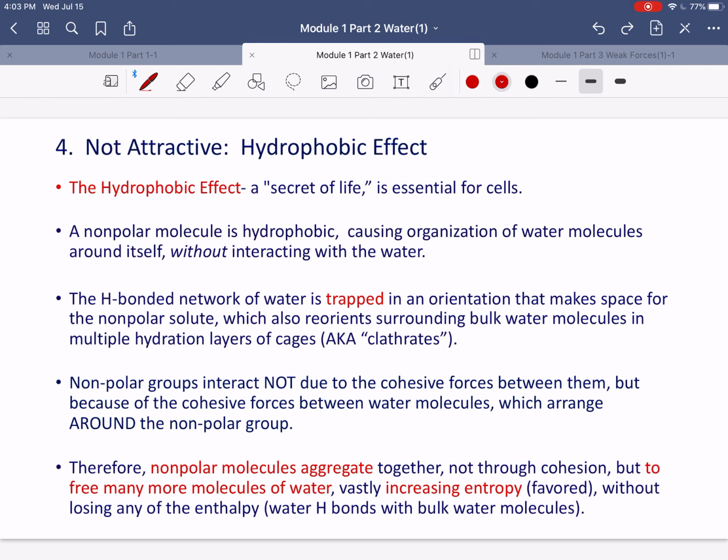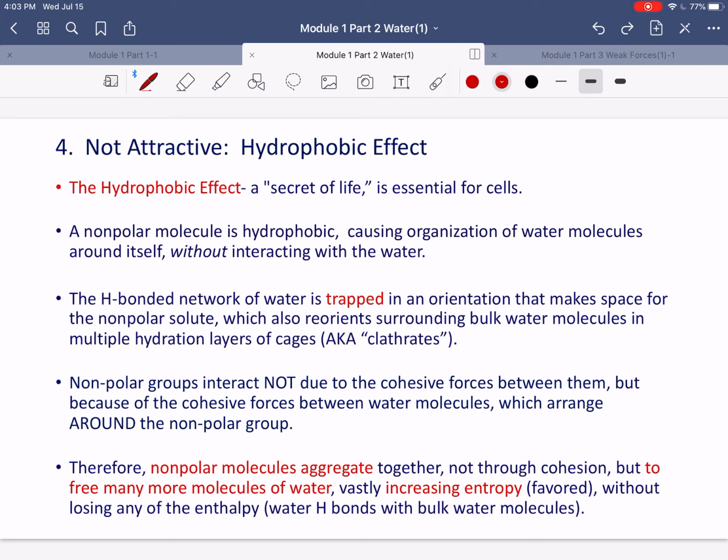That's the hydrophobic effect. Okay, so in other words, the nonpolar molecules aggregate. Aggregate is just a fancy word for clustering together, not through cohesion to each other, but in order to free many more molecules of water, increasing their entropy, which is favorable, more degrees of motion, without losing any of the enthalpy.